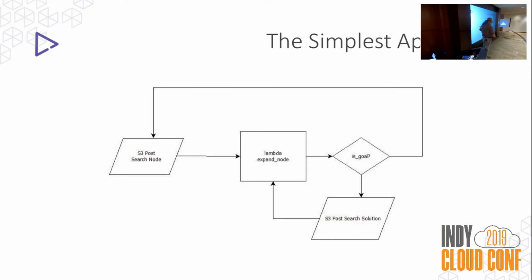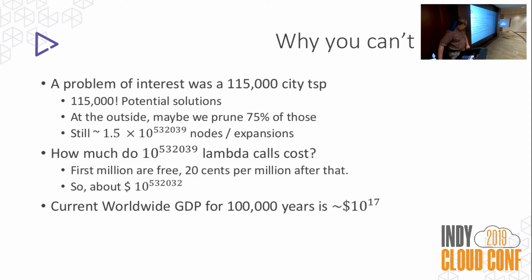You might post a node to S3 and have a Lambda waiting and looking for nodes to be posted. And then it says, oh, hey, a node showed up, I should do something about that. Well, did it represent a solution to the problem? Great, I'll report it. Oh, no, it didn't? Well, let's post all of the successor nodes. You could do distributed search in this very simple fashion, except that you probably can't afford to for problems that you might care about.